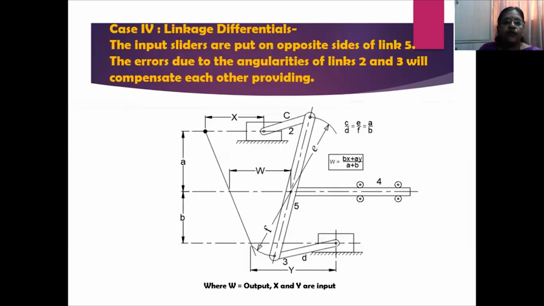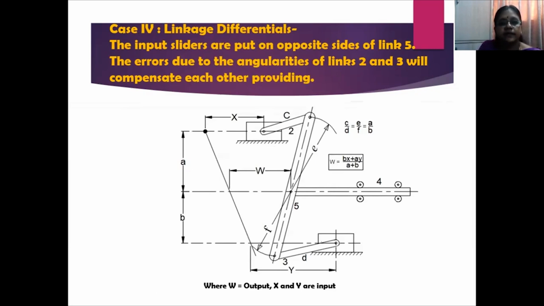Now this is case 4 in linkage differentials. You can see another modification in the previous mechanism. Link 5 is now brought forward, not at the end, but directly attached to link 2 and 3. You can see the sliders on link 2 and 3 are on opposite sides of link 5.